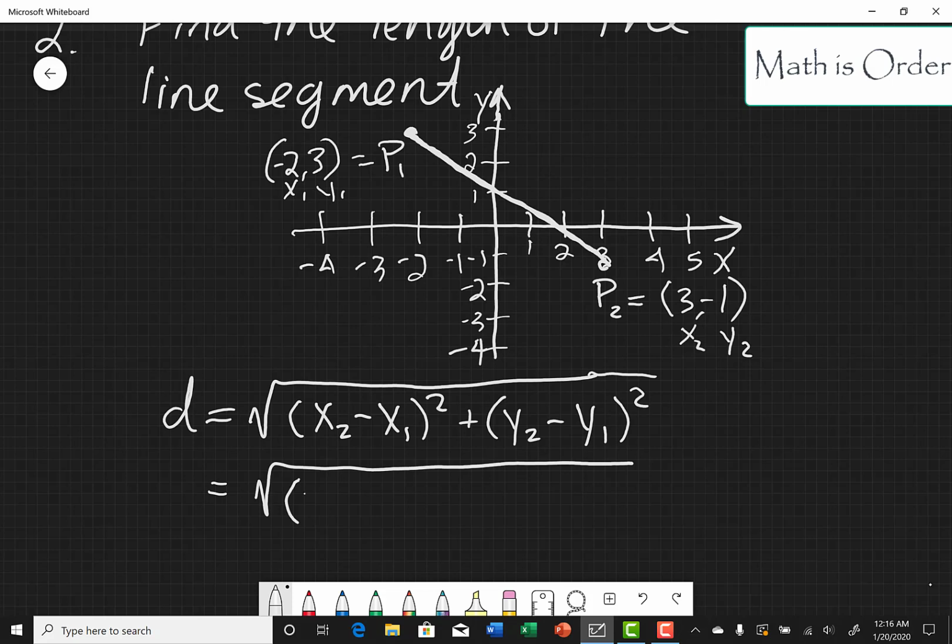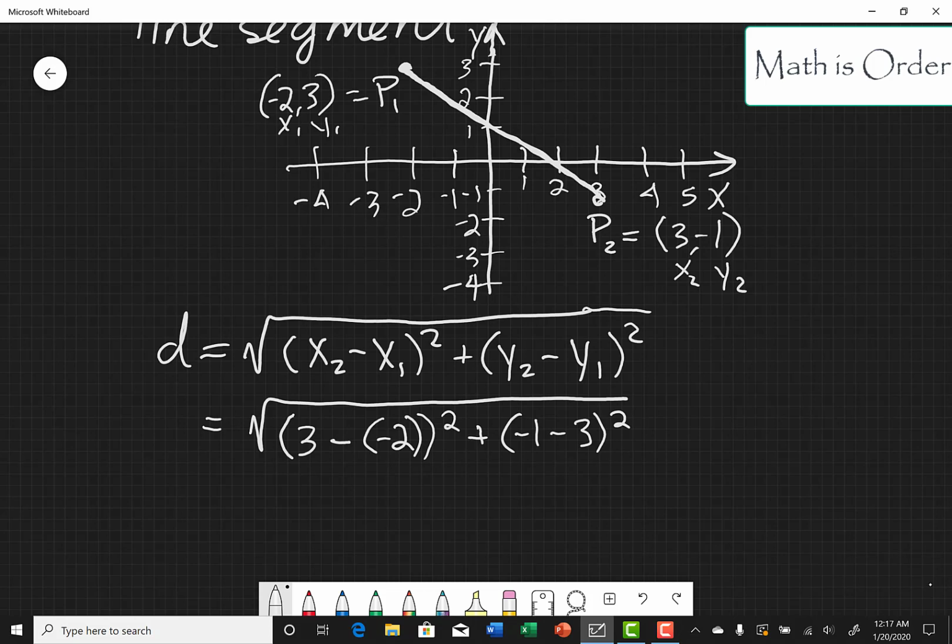Then we're going to have here 3 minus a -2 plus -1 minus 3. Simplifying, so we got a minus of a minus, that makes a plus. So 3 plus 2.